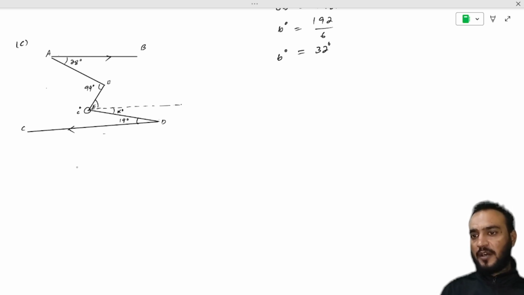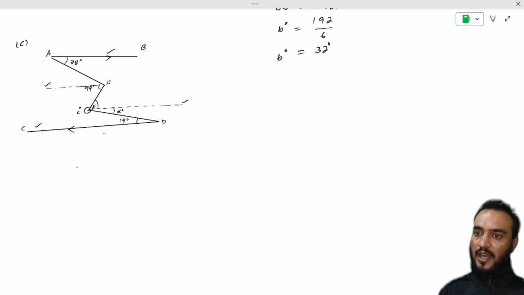Let us draw a horizontal dotted line at point E, which is parallel to the line AB and CD and the previous dotted line. So these are four lines which are now parallel.